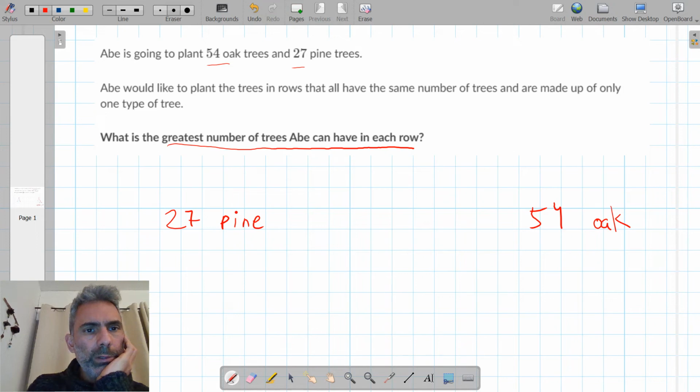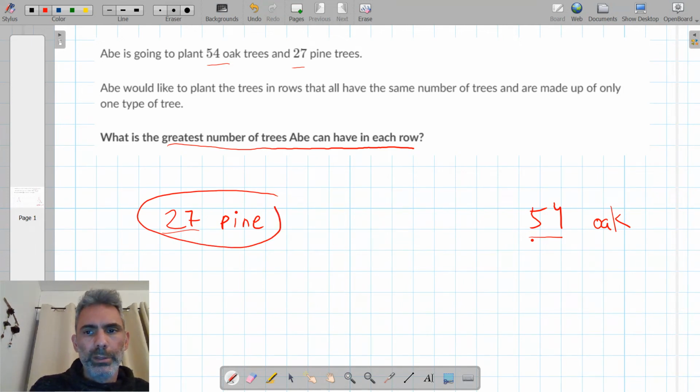So we need to find the greatest common factor of 27 and 54. Then we will be able to know how many rows. We can split it 27 times.